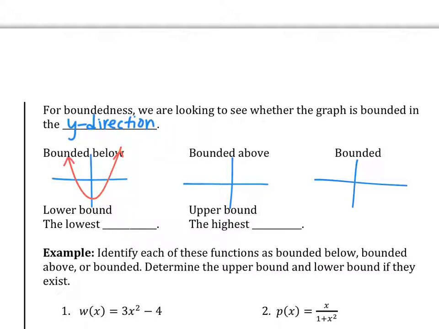Okay, bounded above is the opposite. So there is a highest point that the graph is not going to go above. Bounded is the idea that your graph has a top and has a bottom, and then it's not going to go above or below.